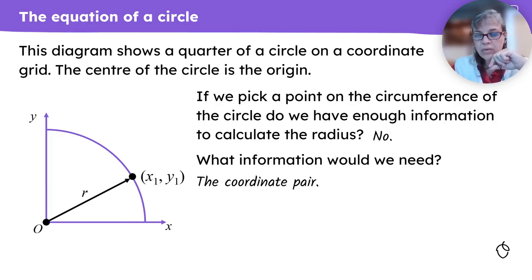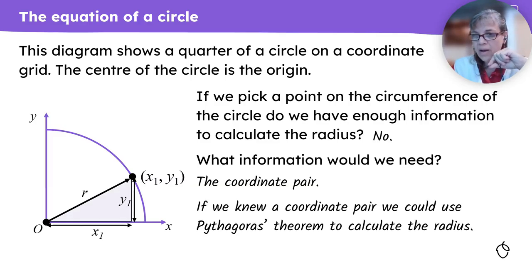If I knew that pair, what is that x and y that it goes to, then I would be able to solve by using Pythagoras' theorem, because x1 squared plus y1 squared would be equal to r squared, and then I could find the radius. Does that make sense? I hope so.